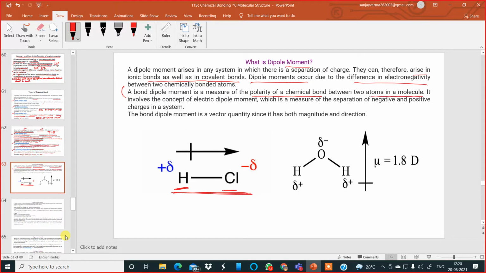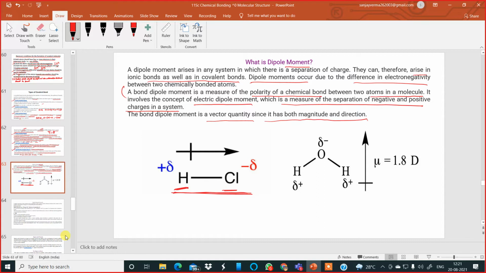It involves the concept of electric dipole moment, which is a measure of separation of negative and positive charges in a system. Definitely you will find these charges in molecules, may be very, very small, but they are carrying charges. As you know from class 10, a vector quantity has direction. Dipole moment is also a vector quantity since it has both magnitude and direction.